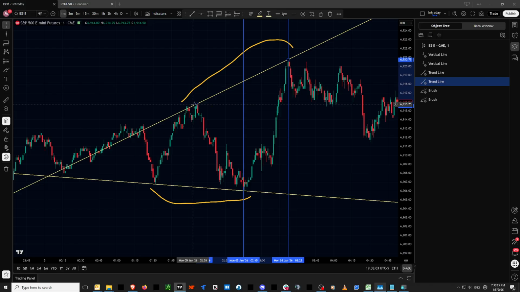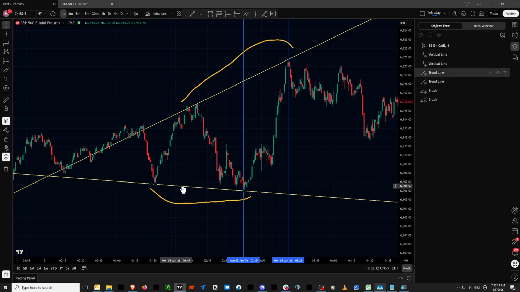Okay, I marked here to here. That is my highest high. And then I marked from my lowest lows here to here. All right. So I've got my highest high in the bull, my lowest low in the bear. All right, that's step two.